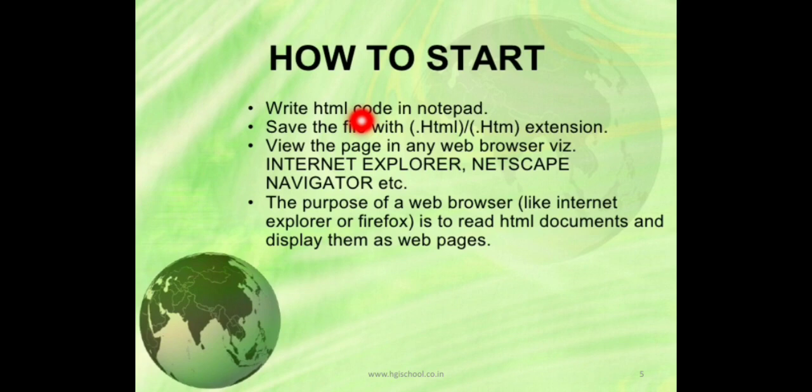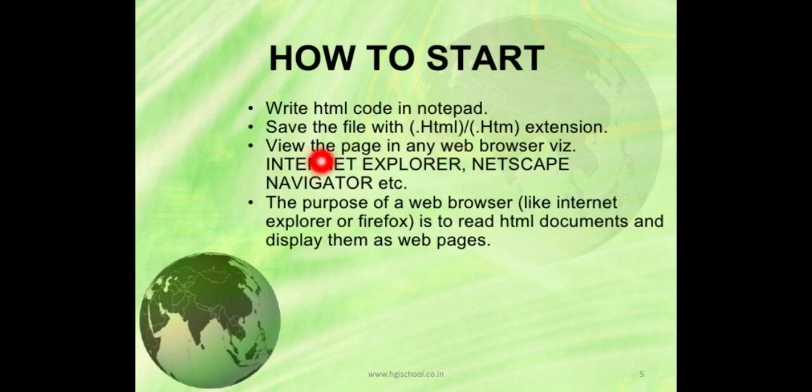So how to start? First of all, you have to open Notepad. In Notepad, you have to write HTML code. Then you have to save the file with .html or .htm extension. Like if you have created a Notepad file in which you have written your HTML code, then you can save it by your name .html.